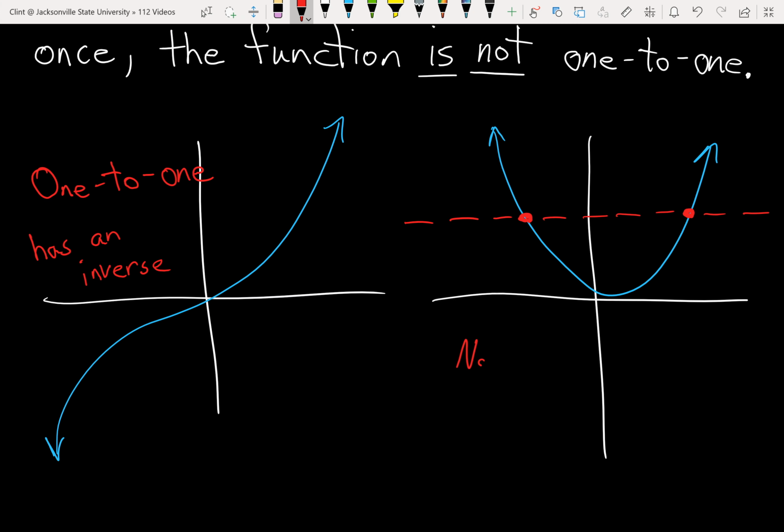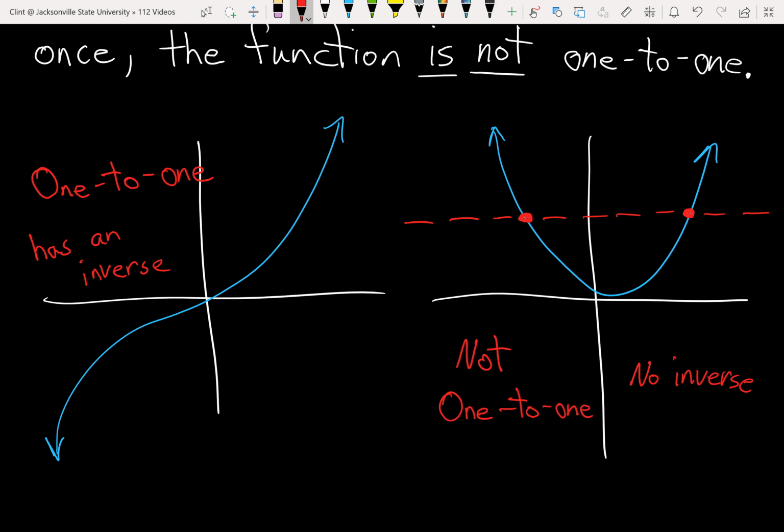So this one is not 1 to 1. That means this function has no inverse. Several of the problems in the homework just get you to look at the graph and do the horizontal line test.